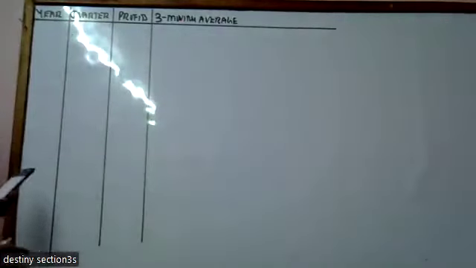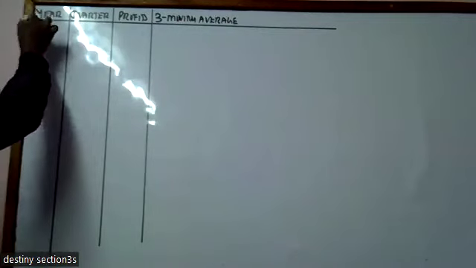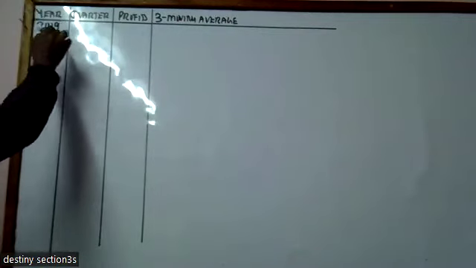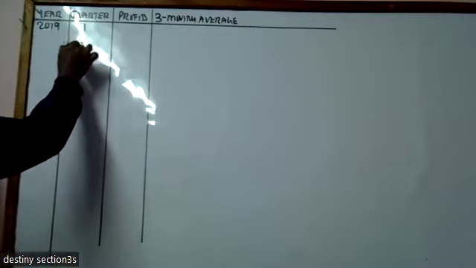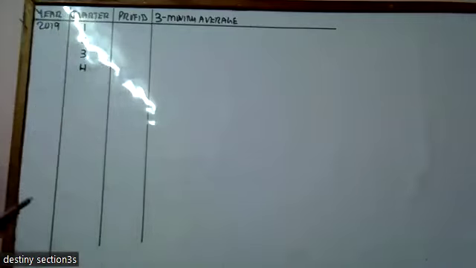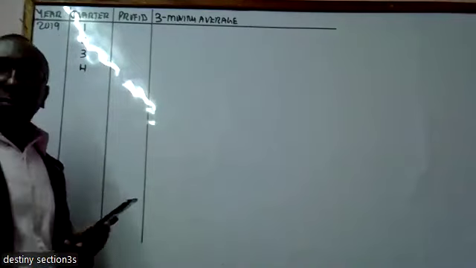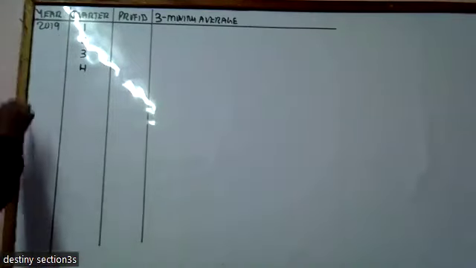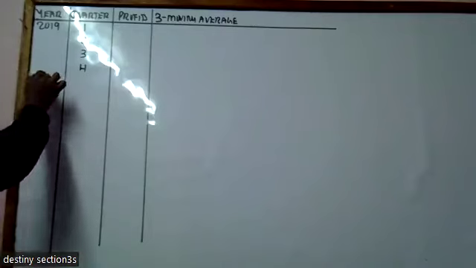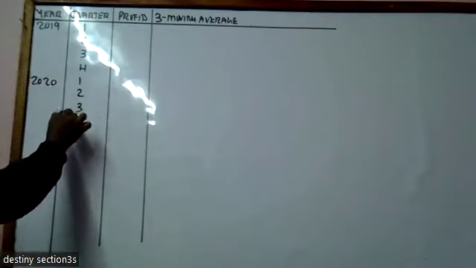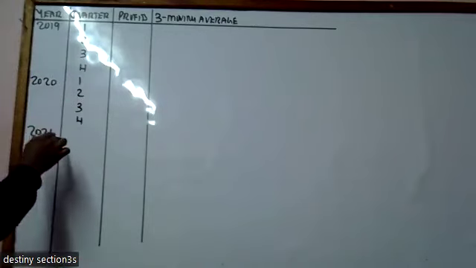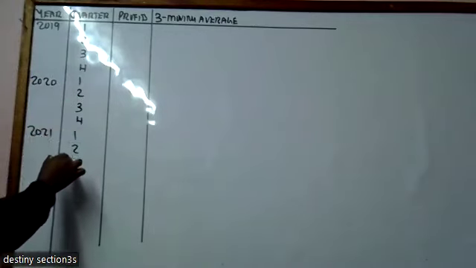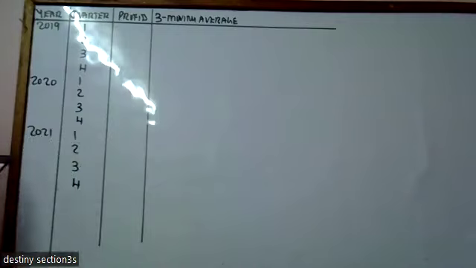So we have the year 2019, quarters 1, 2, 3, 4. You don't skip the lines for this one. 2020, 1, 2, 3, 4. 2021, 1, 2, 3, 4.